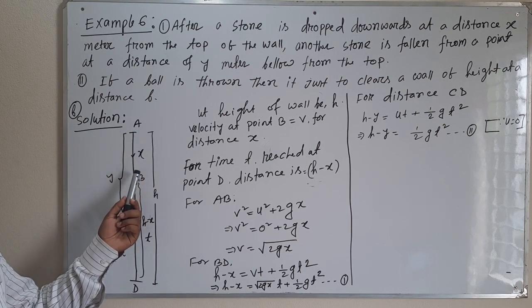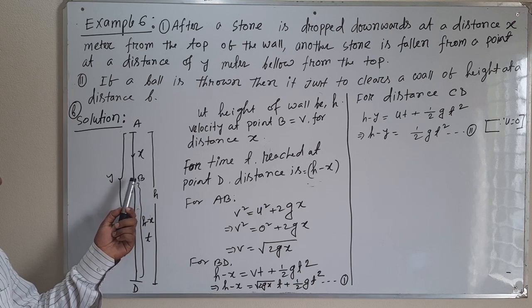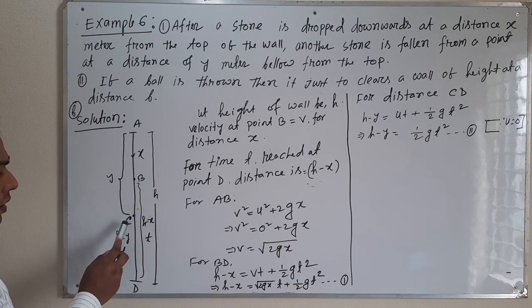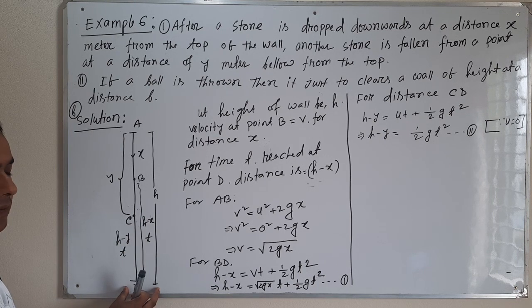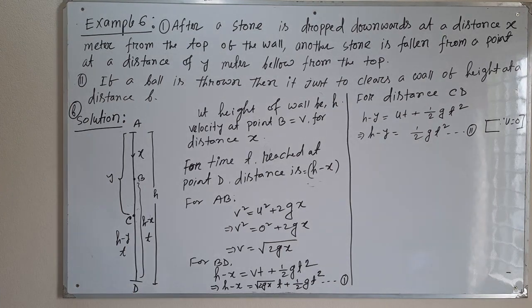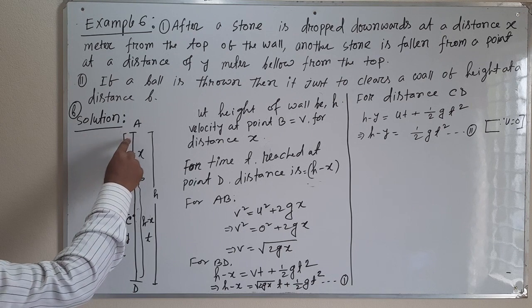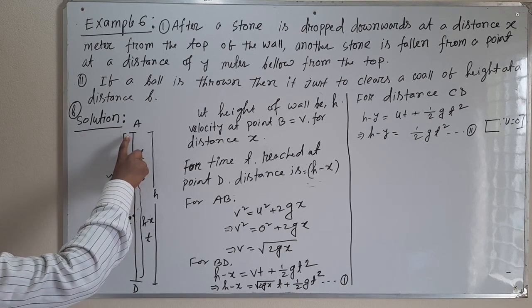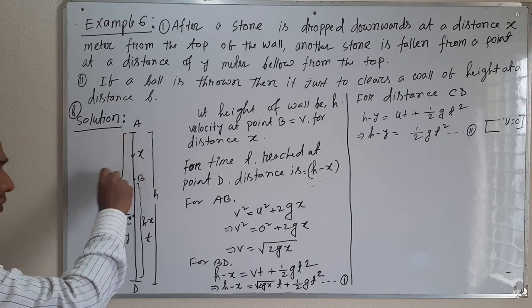After x distance, it reaches point B, and when it reaches point B, another stone is dropped from point C, and both reach point D on the ground at the same time t. The second stone is dropped from C, where the height from the top is y.